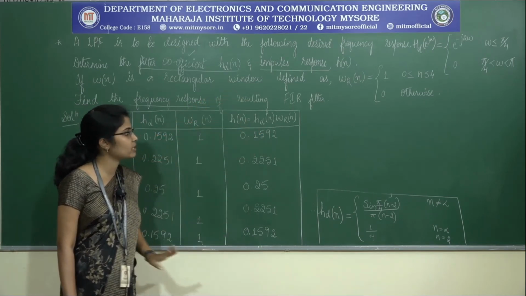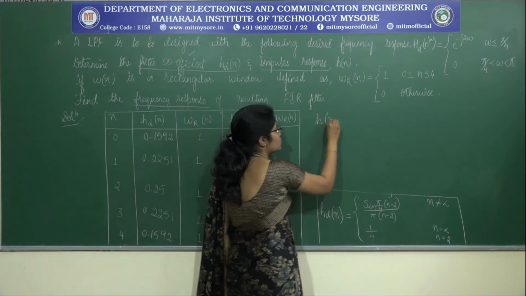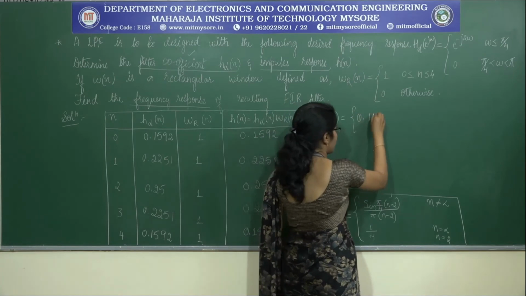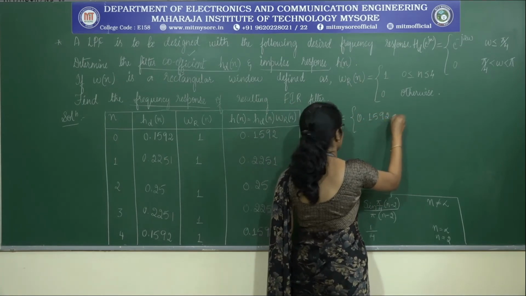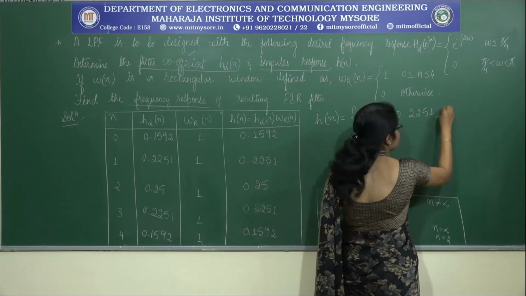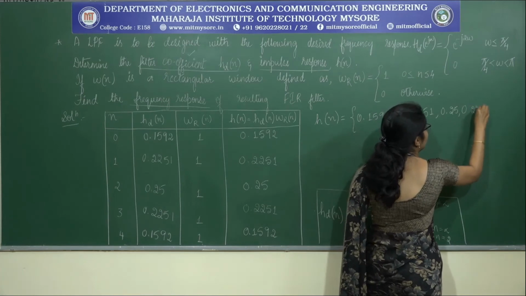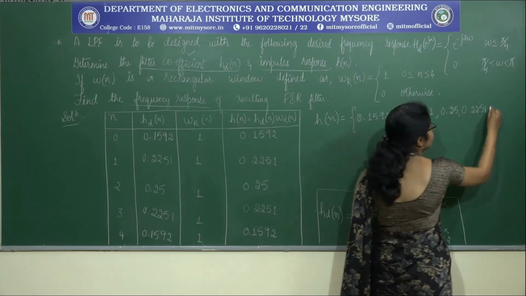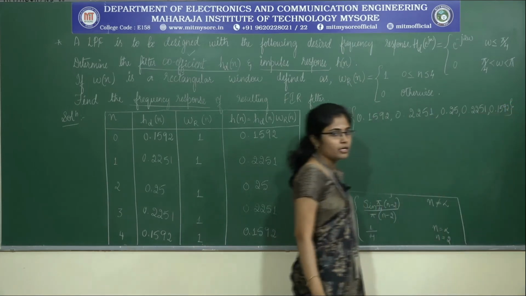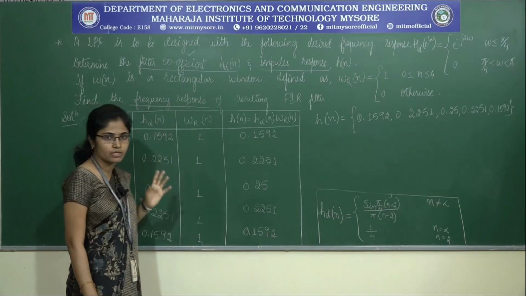They told us to find out h of n. We found out h of n. So if I tabulate that, h of n will be equal to 0.1592, 0.2251, 0.25, 0.2251, and finally 0.1592.